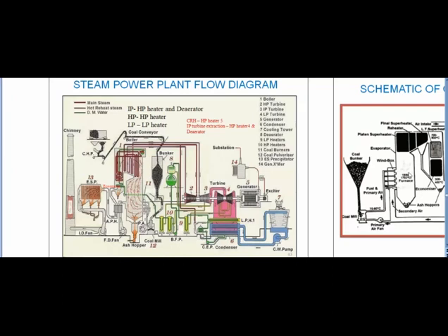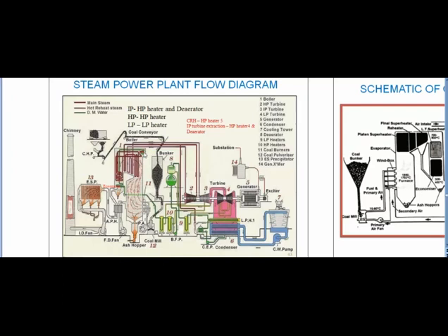The water and steam mixture thus formed flows to the boiler drum via riser tubes by the natural circulation process. In the boiler drum, because of the density difference, steam is separated from water. Here this is the boiler drum.